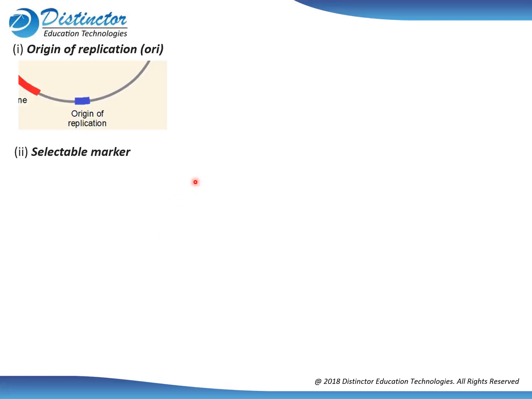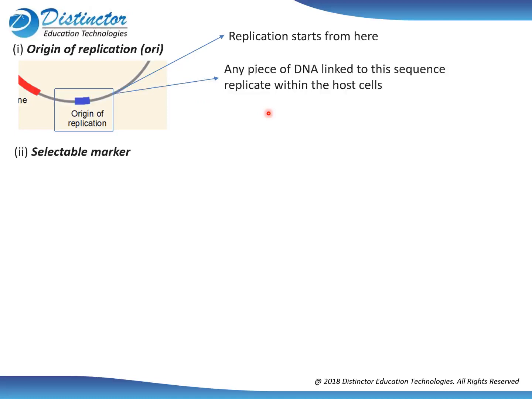The first one is the origin of replication. In this origin of replication, the replication is going to start from here. That is why it is called the origin of replication. Any piece of DNA which is linked to this sequence is going to replicate within the host cell. So if a foreign DNA is inserted here, it is going to start the replication process continuously.